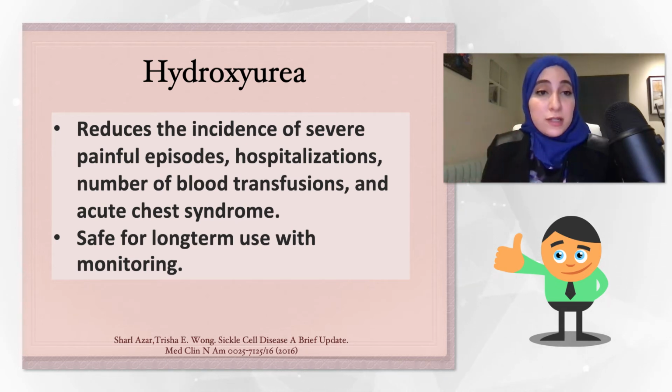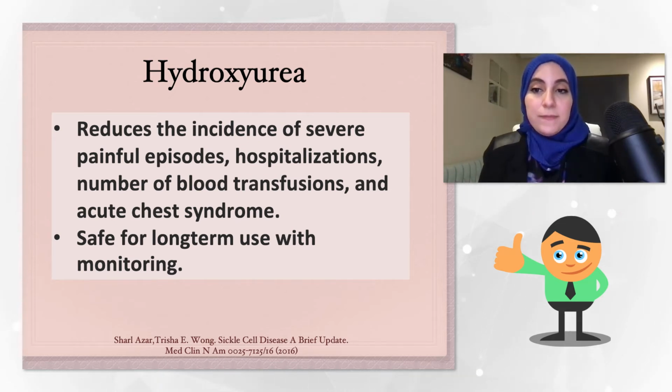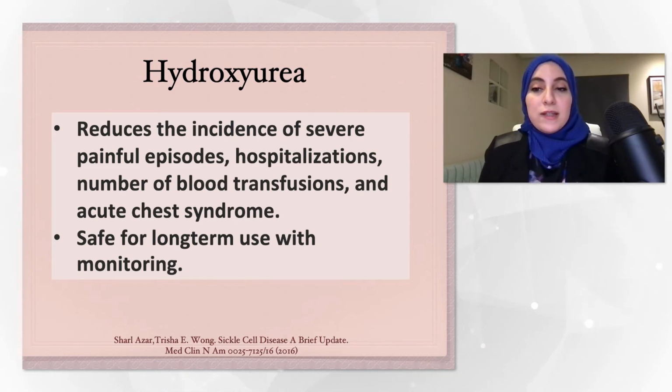It will reduce the transfusion dependency, and by all of that, it will reduce mortality. Other studies showed that it's safe for long-term use, which finally led to FDA approval in 2017 for hydroxyurea even in children 2 years or older.